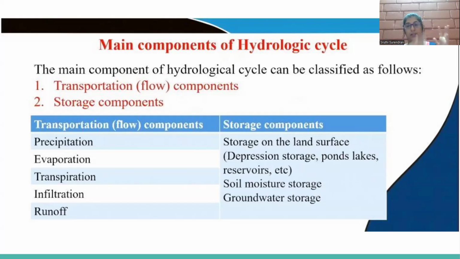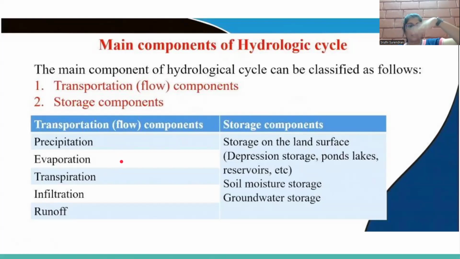Now, components of hydrological cycle. There are a lot of things that contribute to the hydrological cycle: precipitation, infiltration, runoff, stream flow, evaporation, transpiration, depression storage. Some of these come under the transportation flow components, and others come under the storage components, as you see here. Precipitation is the movement of water from the atmosphere onto the Earth's surface.